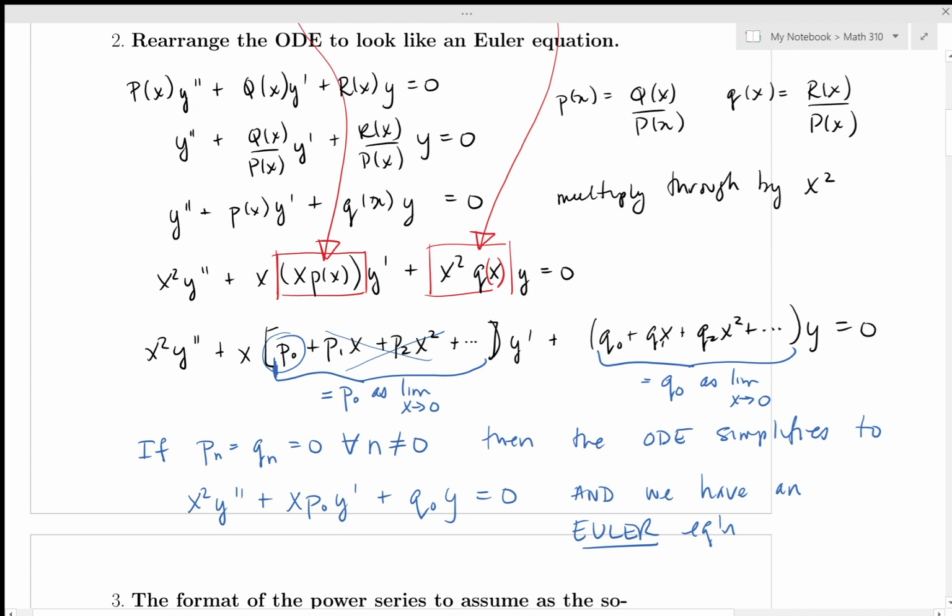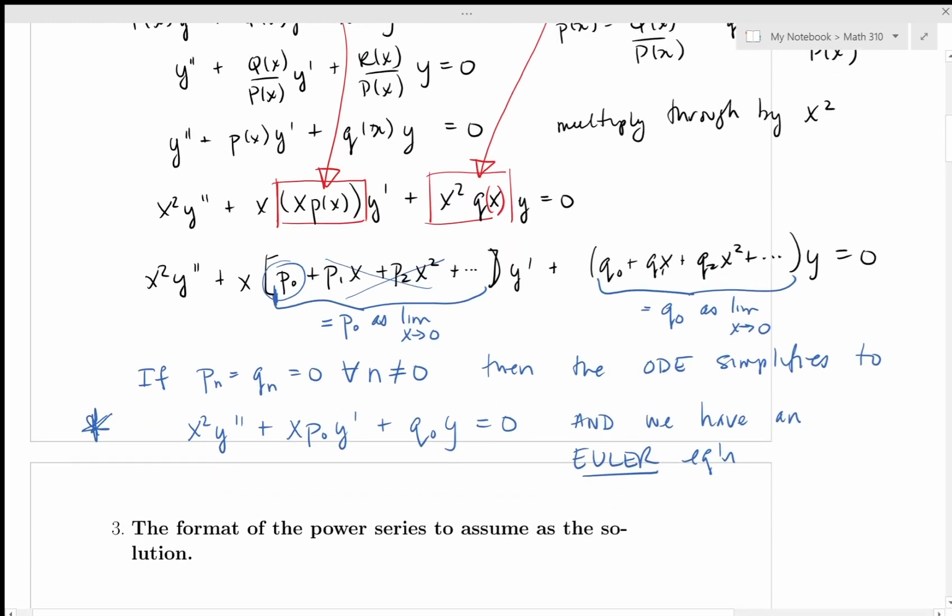A really important point. Perhaps take enough time going through this derivation here to understand why these things will, near their regular singular points, always look like Euler equations, because that is the key piece of information that you need in order to solve a linear ODE near its regular singular point.